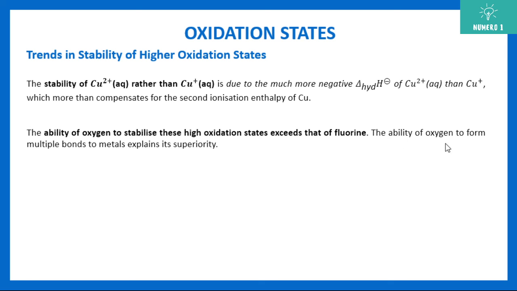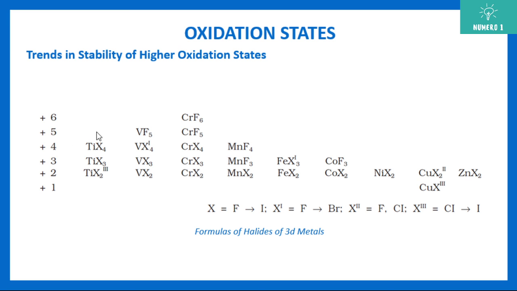Also note that the ability of oxygen to form multiple bonds to metal explains its superiority, because oxygen here can form two bonds, okay, and fluorine can form only one bond, because fluorine's oxidation state is -1 only, whereas oxygen's oxidation state is -2.